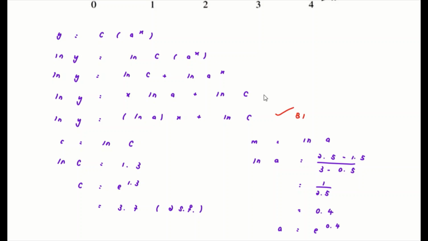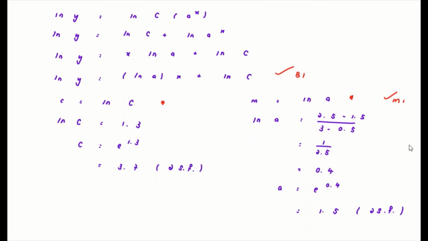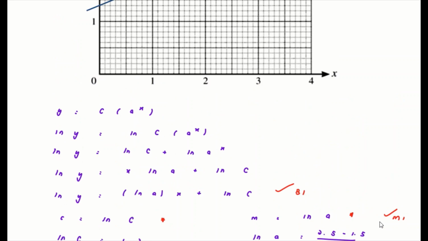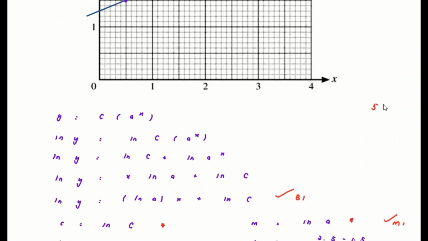Then you use the correct method, which means you identify the intercept equals ln c, gradient equals ln a, and you get the method mark. Then at the end, you get 1 mark for each last answer. So this question is 5 marks.